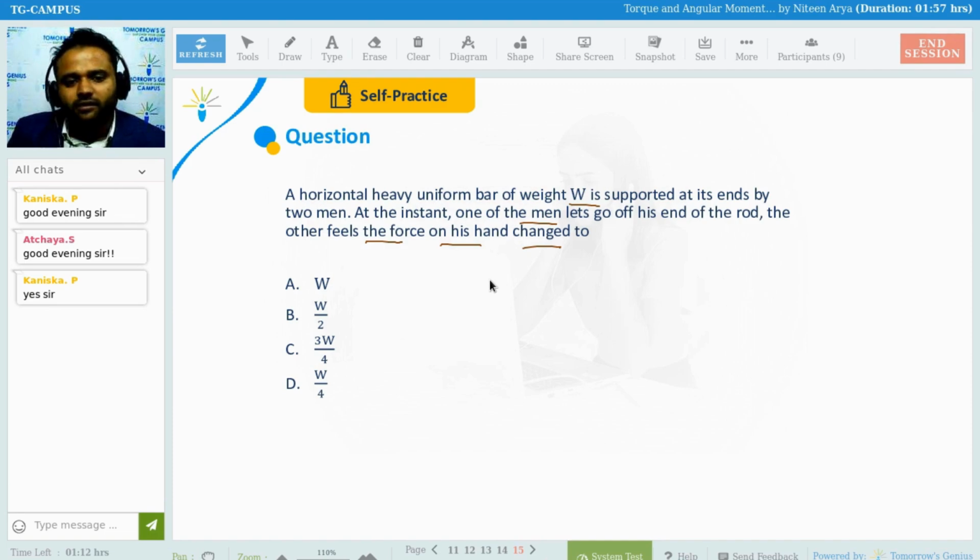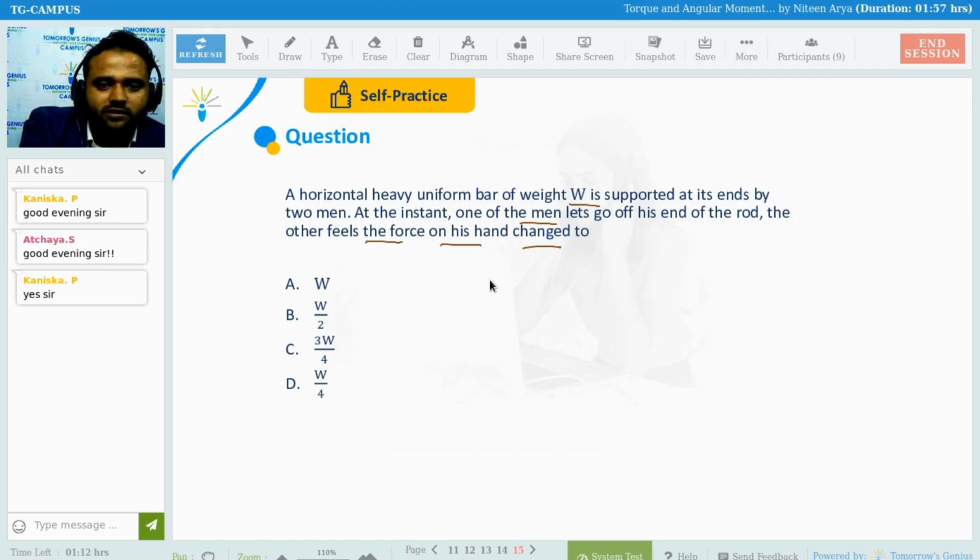But when one man withdraws his hand, due to the torque it is going to topple, and it is going to give you some new normal force, and you need to find this new normal force at A, or at the particular position which is going to topple.